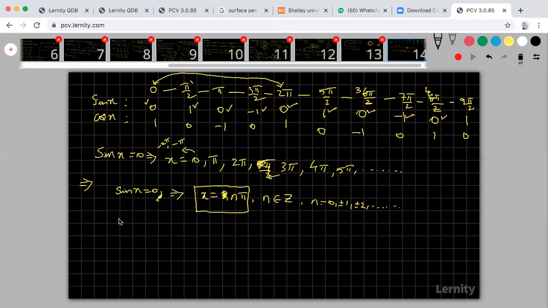Okay, similarly, what about cos x? Please try that. Cos x is equal to 0 means for what values of x? Please note that. Please check from the table. The table is given.